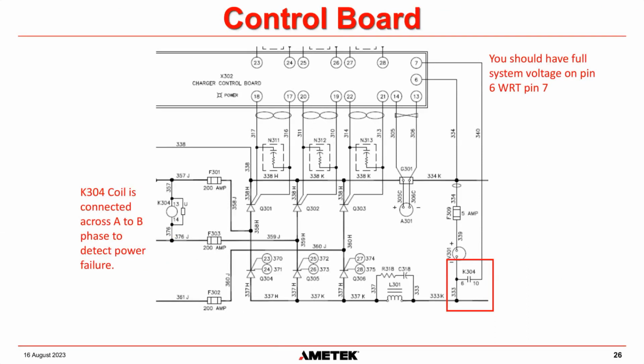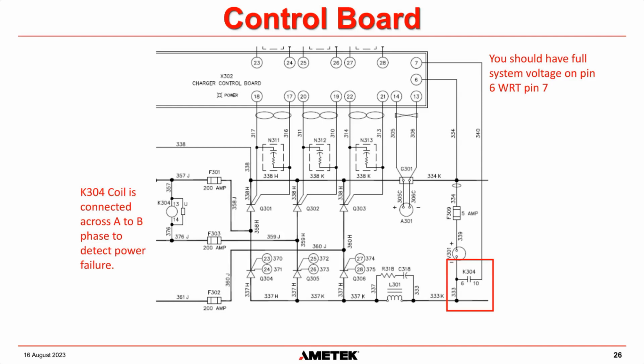And the other thing that our systems have is a contact in series with the negative of the feedback circuit. And you can see the square there, it is highlighted as K304. Okay. And the K304 coil is connected across A to B phase on the secondary of the power transformer.